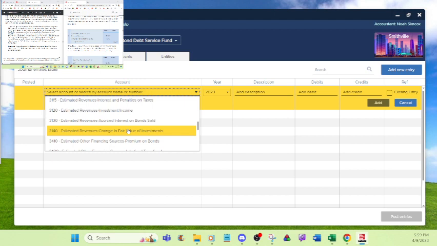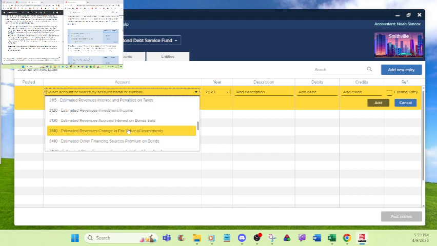Why are we doing the estimated financing sources first? I thought you were supposed to do the estimated revenues first.